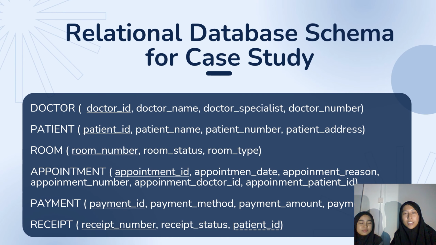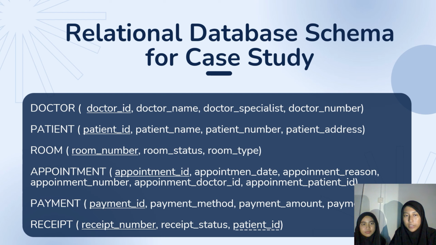The next slide is the relational database schema for our case study. The first table is doctor, and doctor ID is our primary key in the doctor table, and the other attributes are doctor name, doctor specialist, and doctor number.